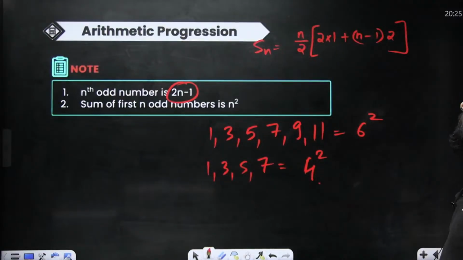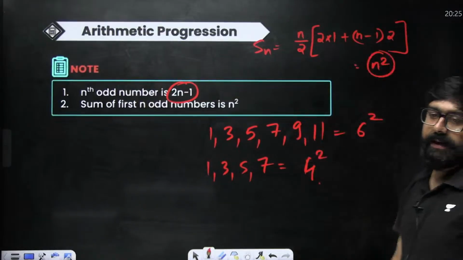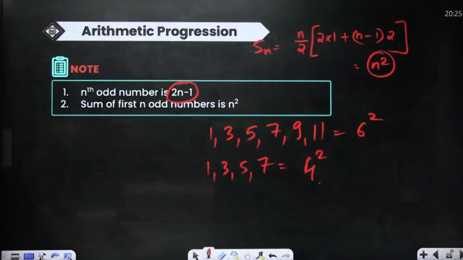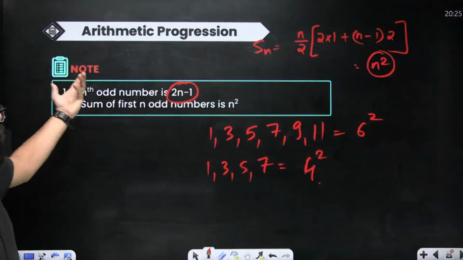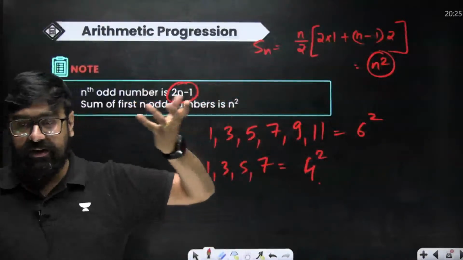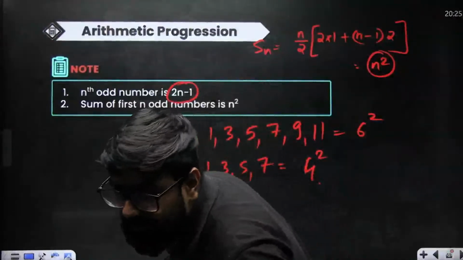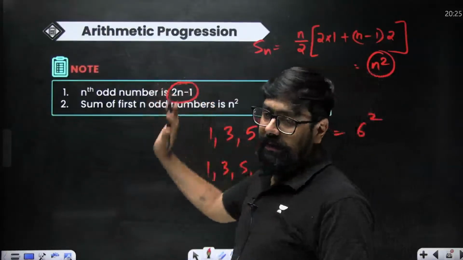This is how we are getting it. So the sum of first n odd numbers will be equal to n square, and the general term for odd numbers will be 2n minus 1.